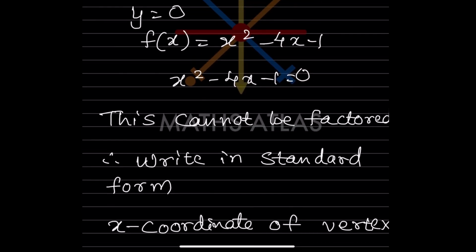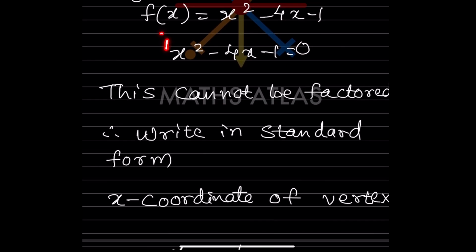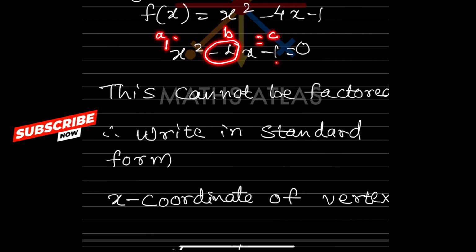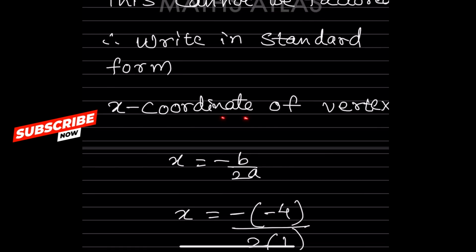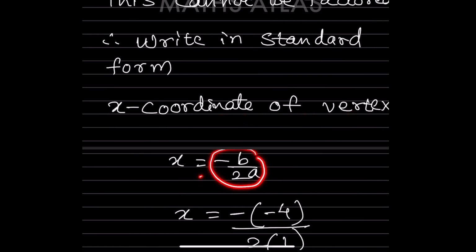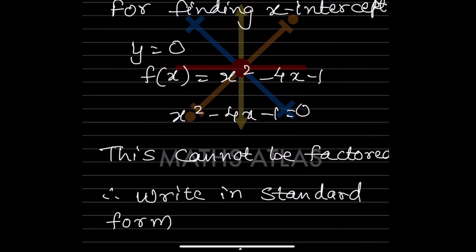Now in the standard form, A is 1, B is minus 4 and C is minus 1. The x coordinate of the vertex is x equal to minus b by 2a. Now I showed you what a, b, c are.